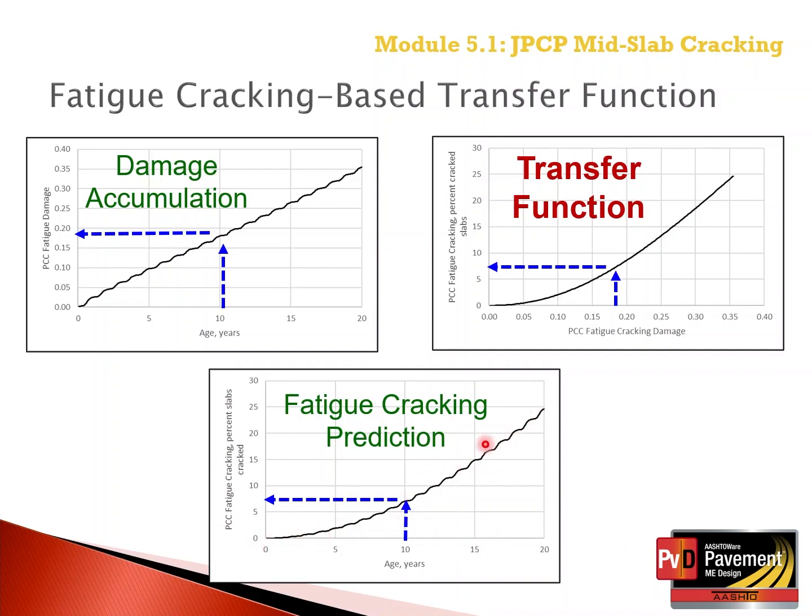And this is used to then determine the reliability of our design strategy to ensure that the allowable number of fatigue cracks is less than our predicted number of fatigue cracks at the end of the design period.